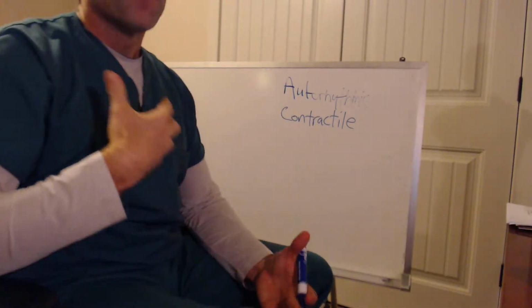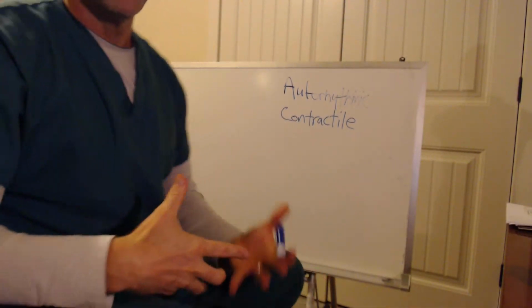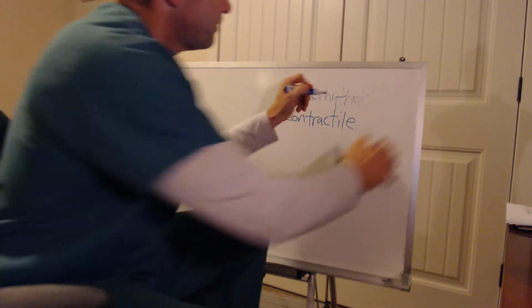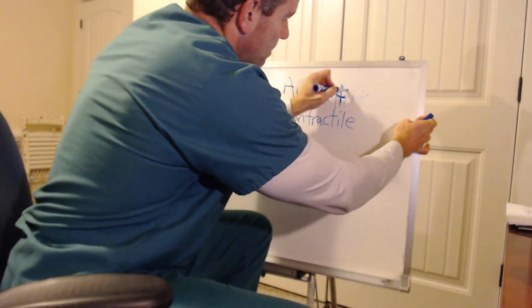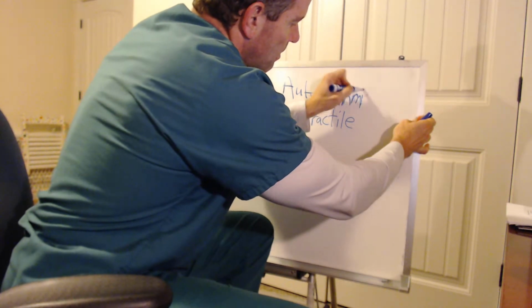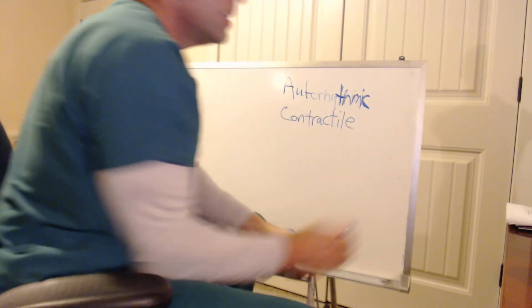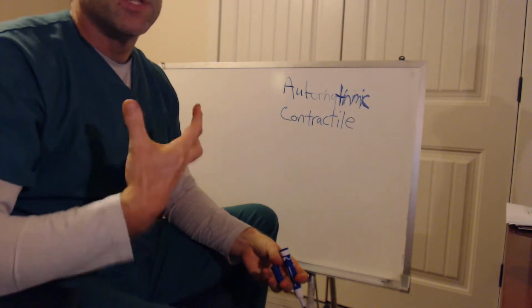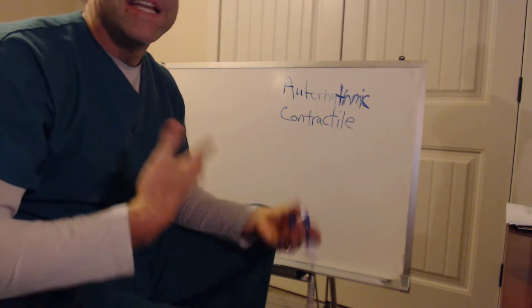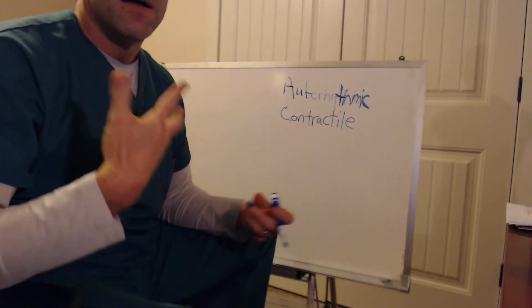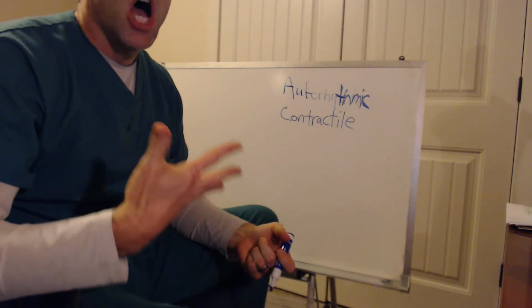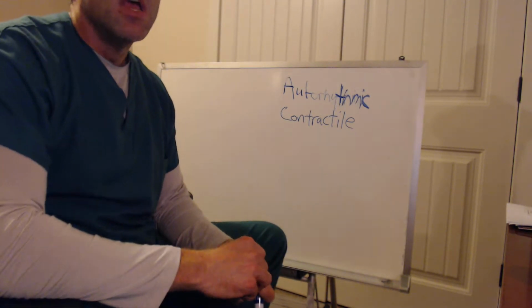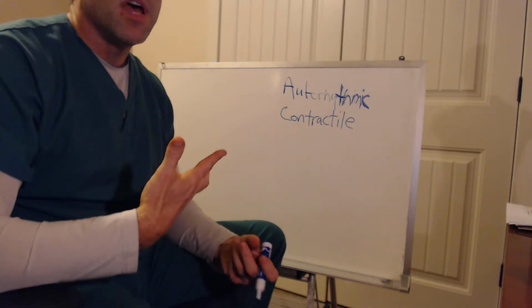And so that's not that far-fetched, because the heart, having these autorhythmic cells, gives it the ability to beat on its own. Even if we didn't have nervous innervation of the heart through the sympathetic and parasympathetic nervous systems, the heart could still beat on its own.